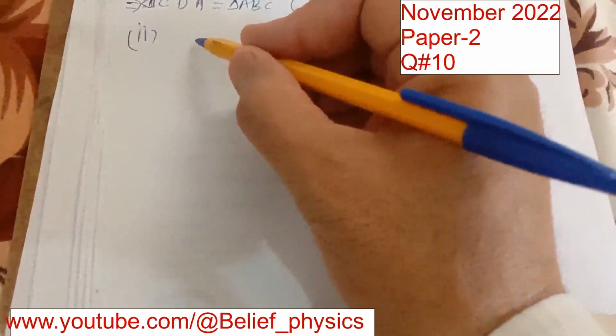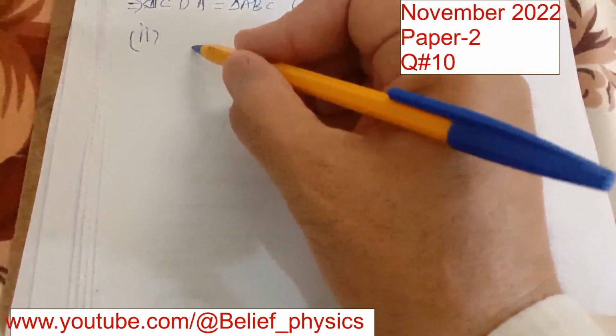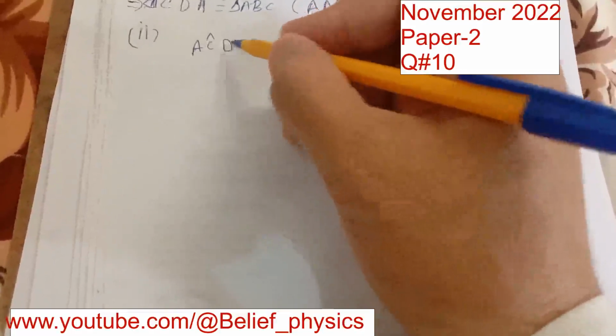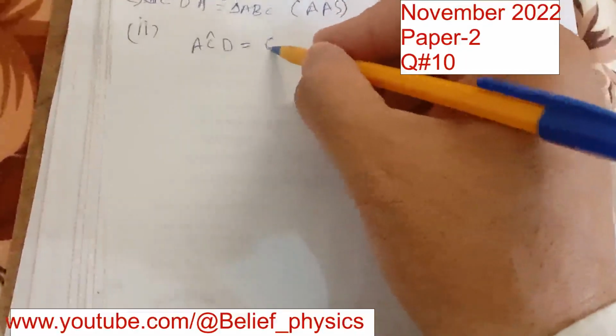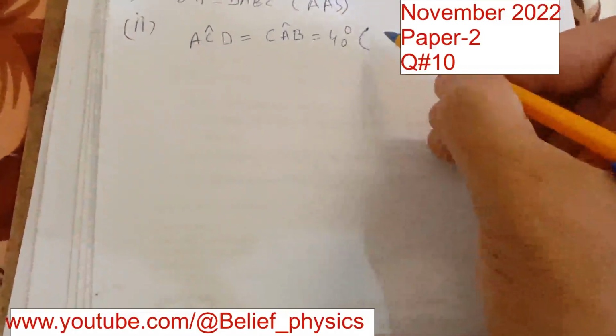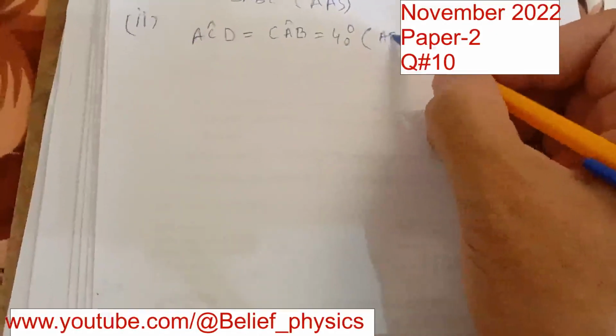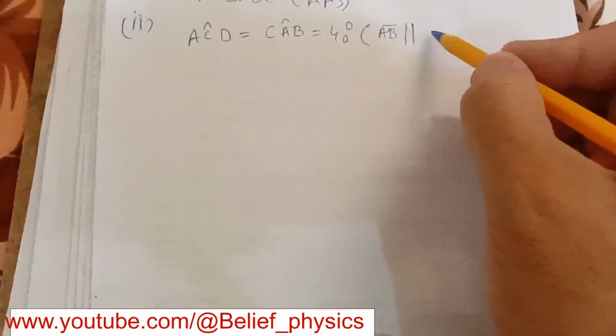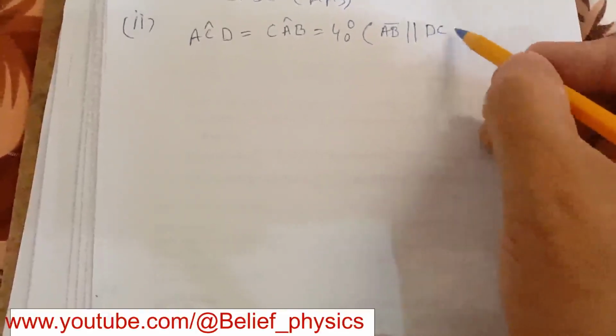It is given that angle ACD is equal to angle CAB. This was given, and this is equal to 40 degrees. This was given in that statement. Therefore this means that line AB is parallel to DC. Why?